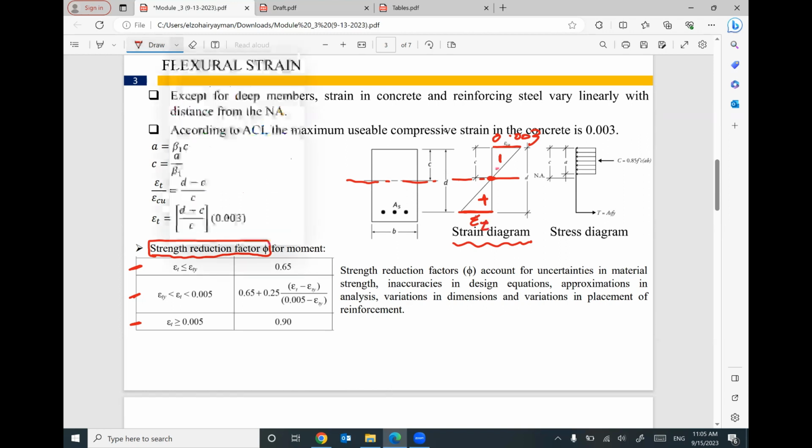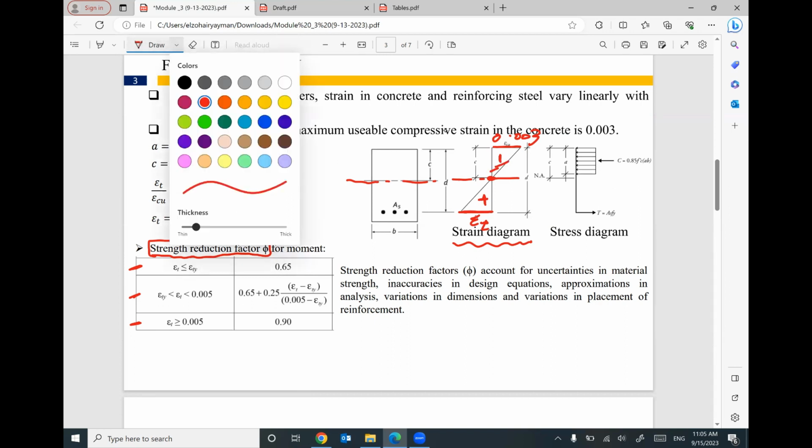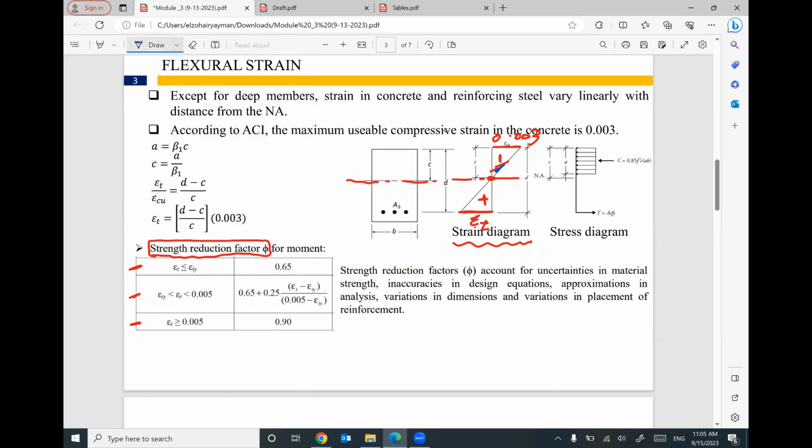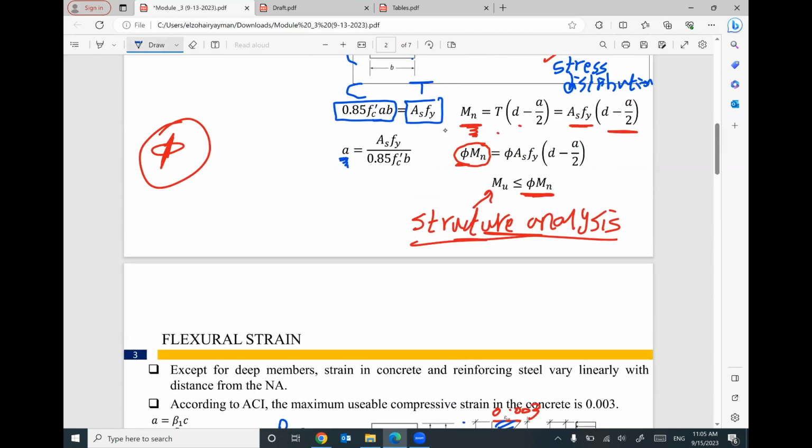Then I will use triangle similarity between the top triangle and the bottom one. Keep in mind, this is c, the depth of your neutral axis, which has a relationship with a equal to beta times c. I know a from the first step.